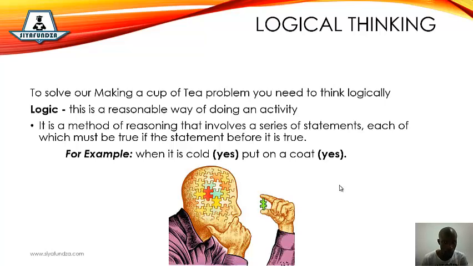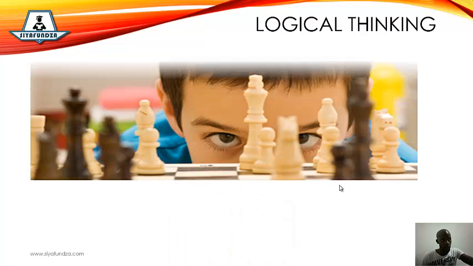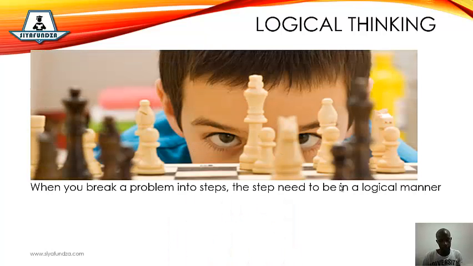While we're still on logical thinking, when you break a problem into steps, the steps need to be in a logical manner, meaning that they have to be in a reasonable manner, in a meaningful manner, right? Like for instance, adding two numbers, you need to capture the first number and you need to capture the second number, and then you need to add those two numbers and then get the answer.